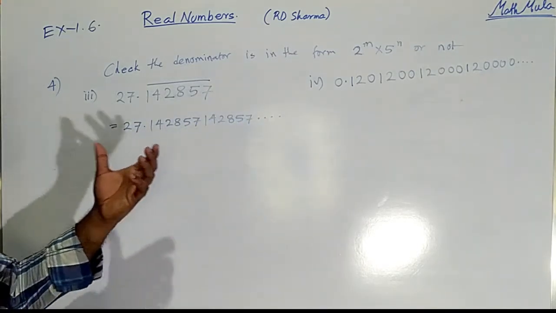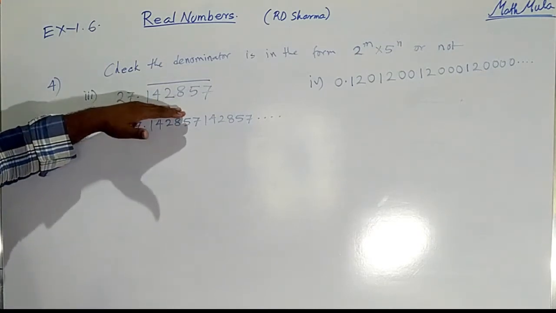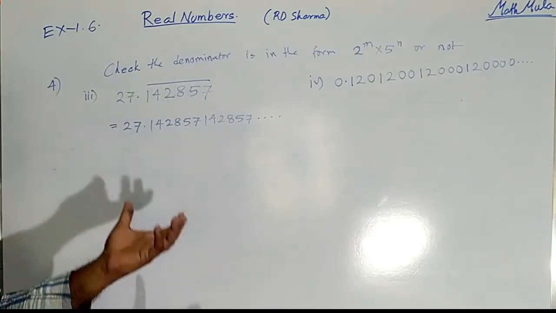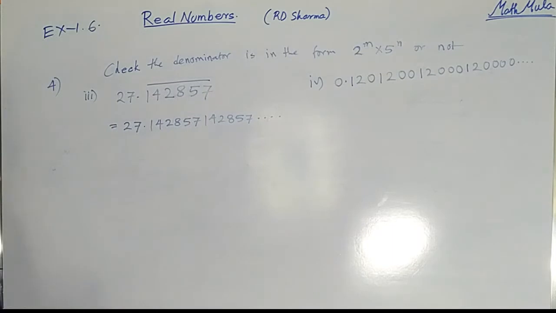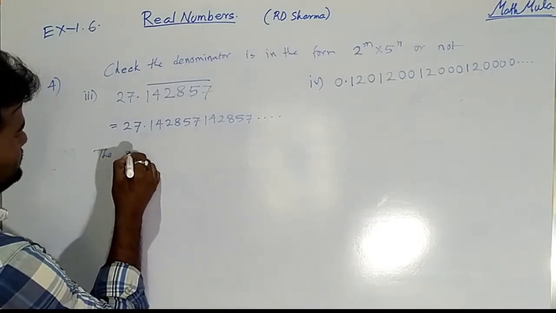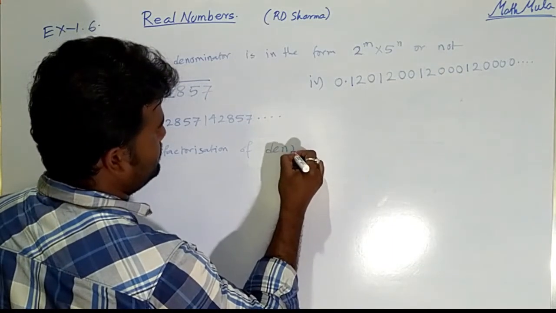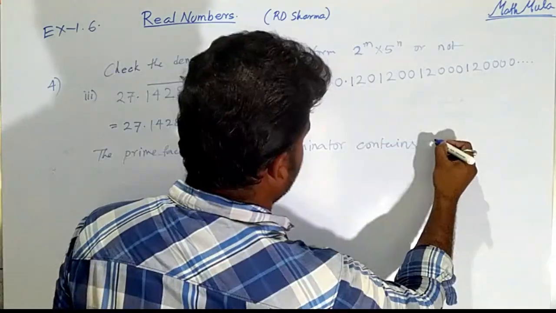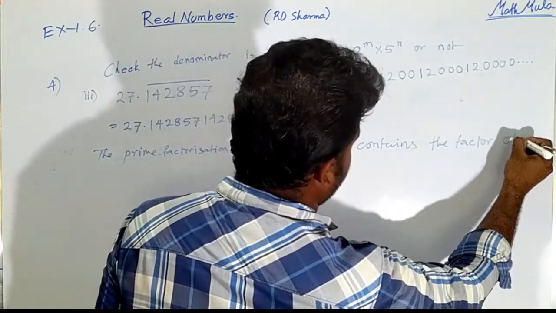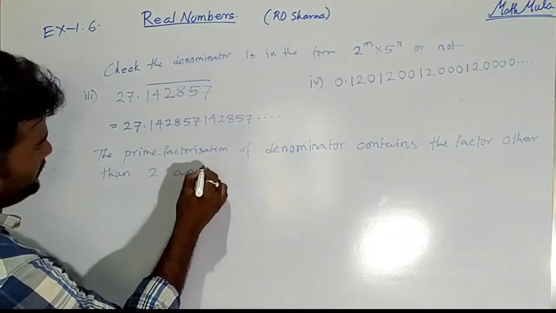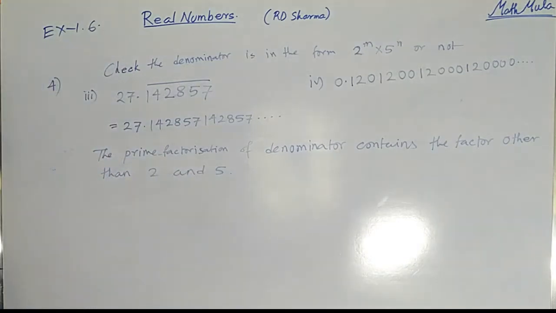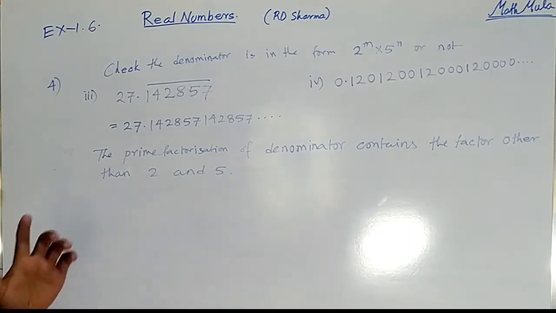That means the denominator of this number contains a prime factor other than 2 and 5. The prime factorization of the denominator contains factors other than 2 and 5.